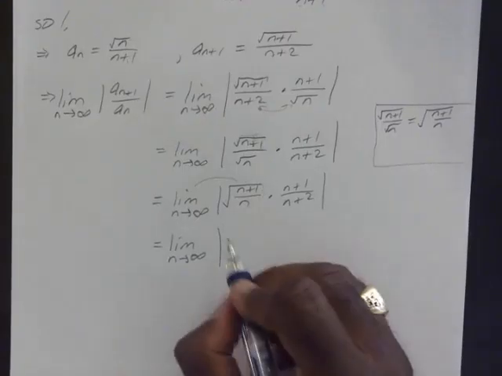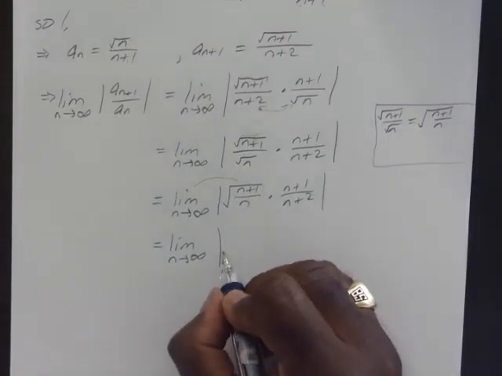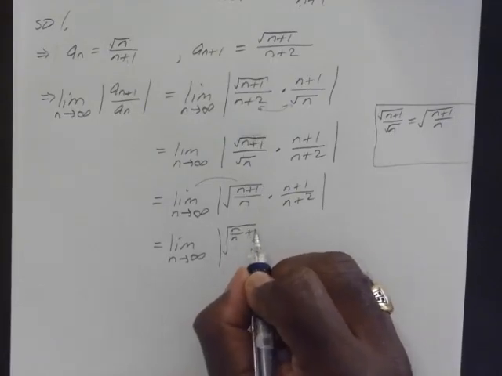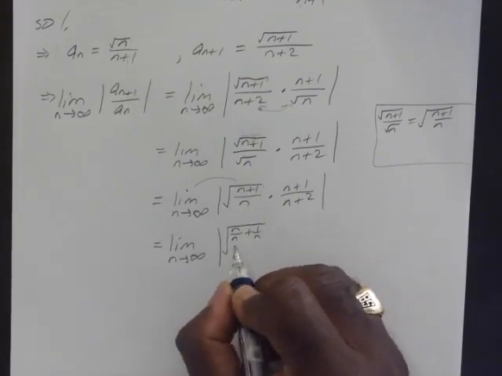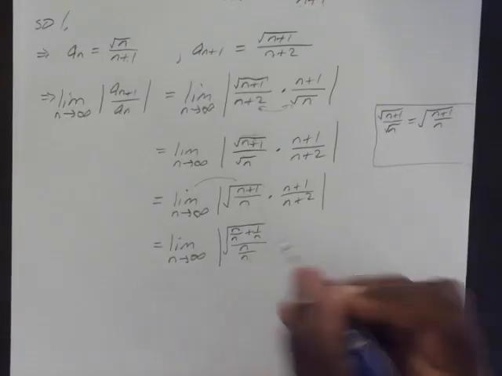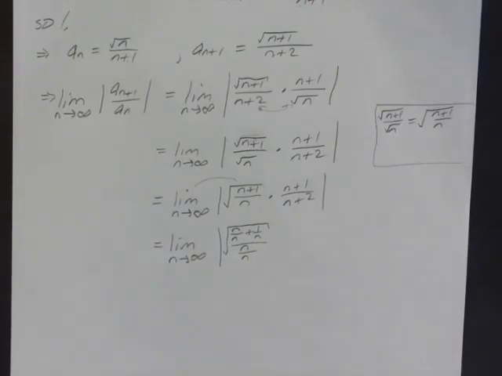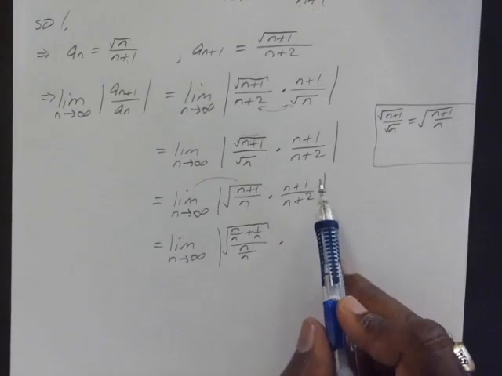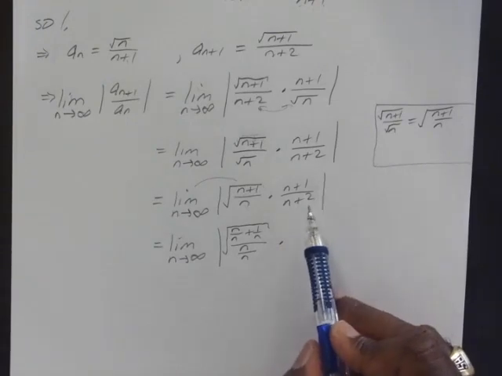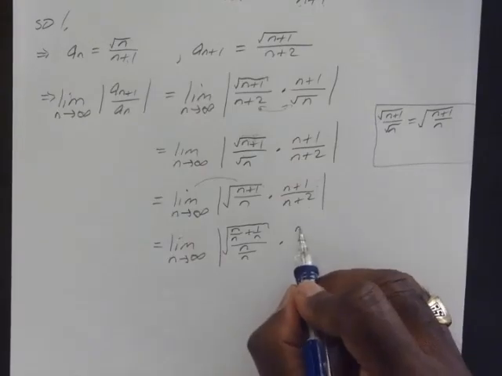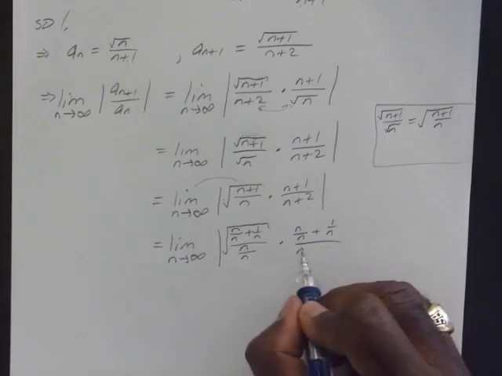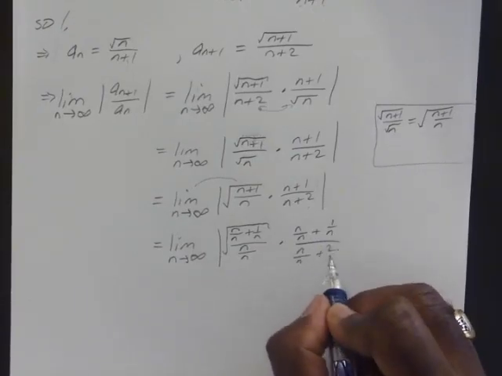So that gives us the square root of n divided by n plus 1 over n divided by n over n. Times, same thing here, we multiply this by 1 over n over 1 over n. That gives us n divided by n plus 1 divided by n over n divided by n plus 2 divided by n.